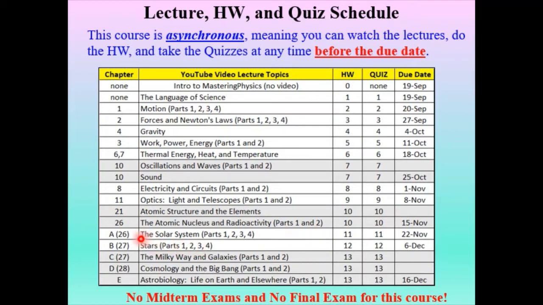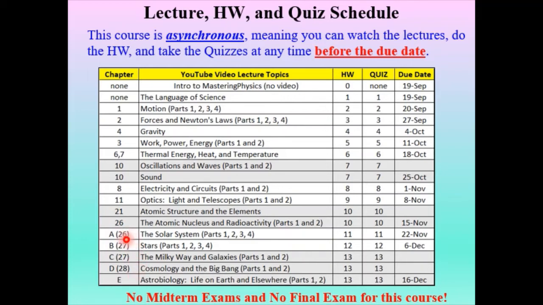Then the next thing I want to mention is the last roughly 5 weeks of the class, the last 1/3 of our course, we're going to switch gears and you're going to get an introduction to astronomy. And so these chapters, some of this material is in the book, but not all of it.